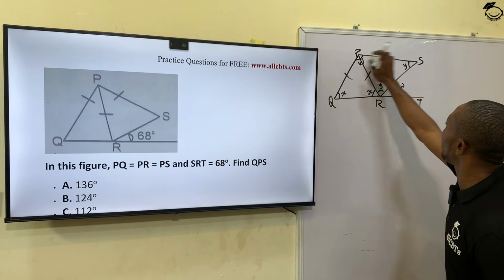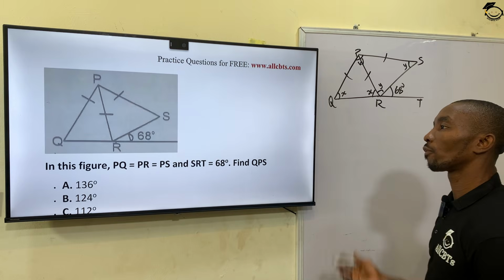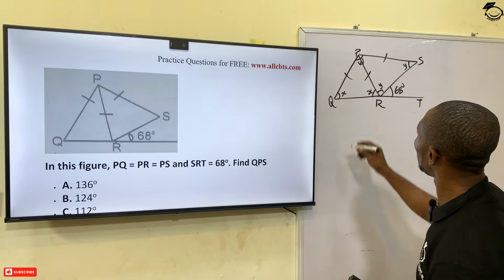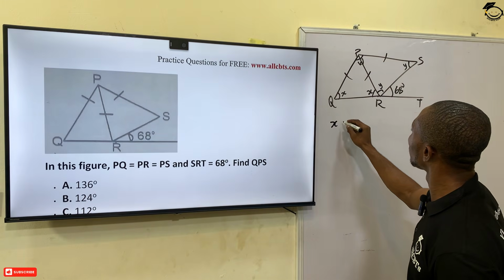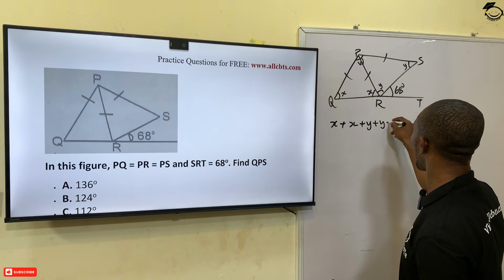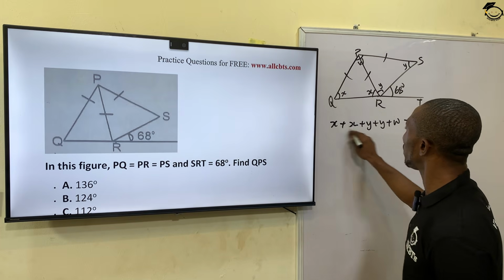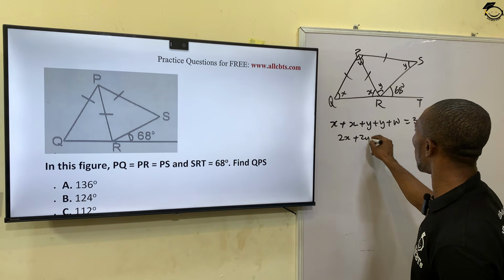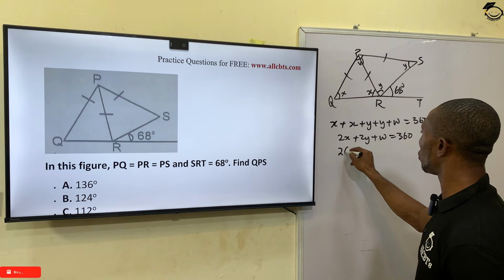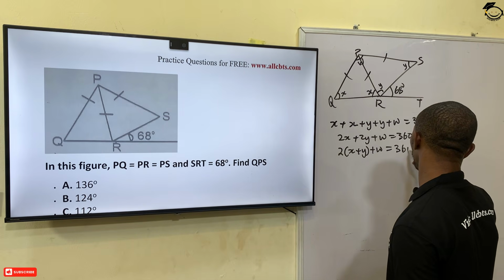Since QPSR is a quadrilateral, we know that the sum of angles in a quadrilateral equals 360. So this becomes x plus x plus y plus y plus angle W equals 360. So here we have 2x plus 2y plus w equals 360. So this gives us 2 bracket x plus y plus w equals 360.